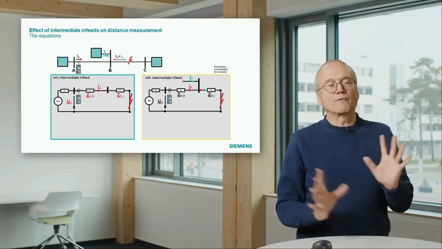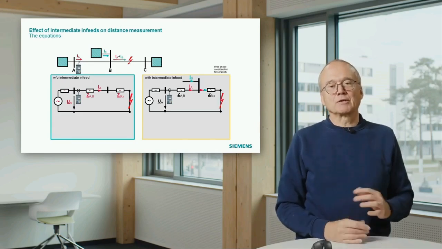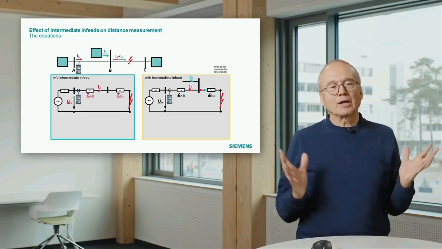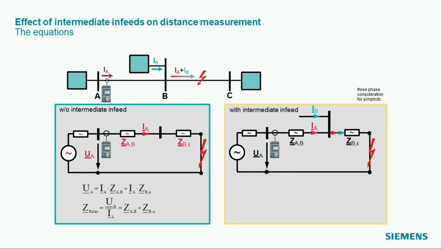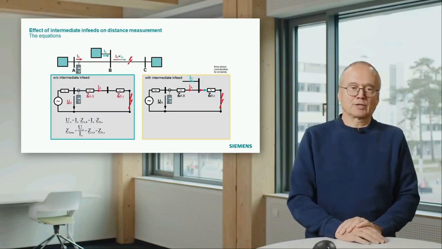Then we assume a fault without fault resistance to keep it simple, and from that we can calculate the impedance. We measure the impedance of our own line plus the impedance of the next line.